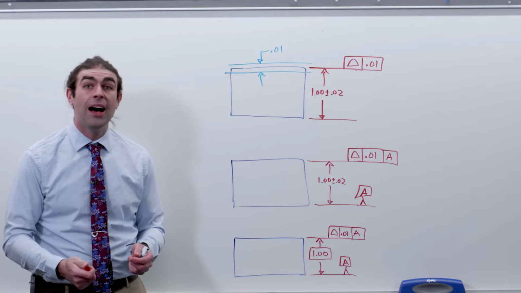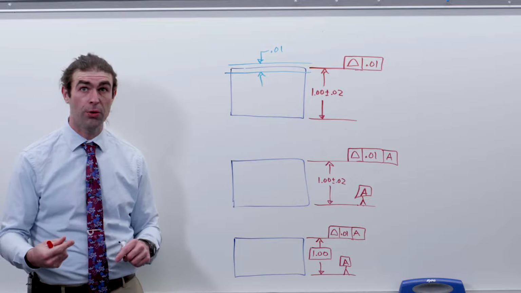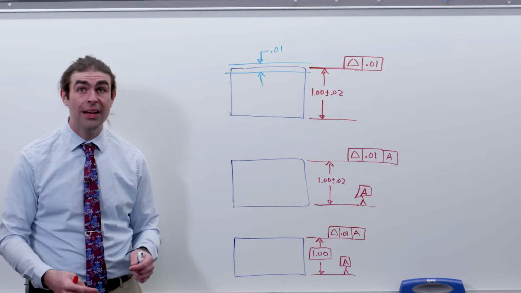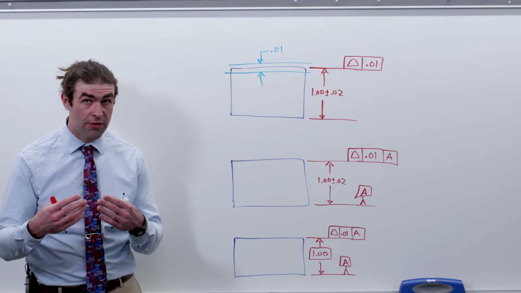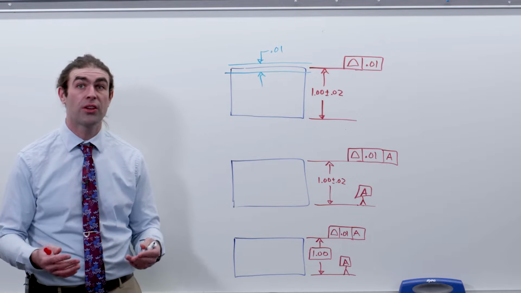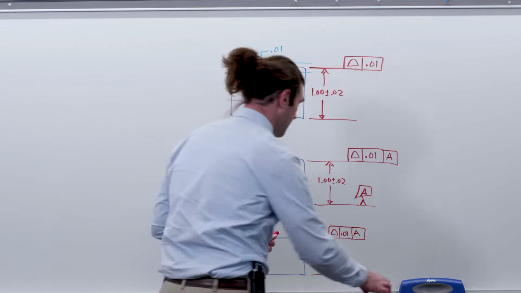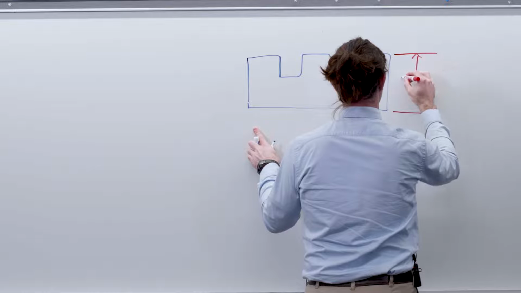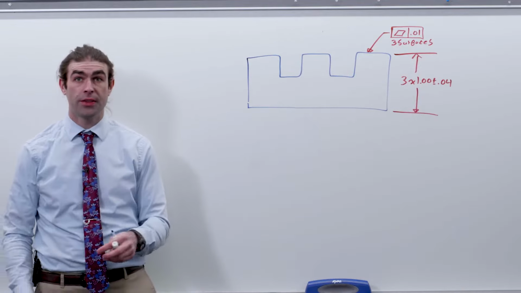Now, profile also does something that none of the other tolerances do. It controls coplanarity. In the ASME standard, it's clearly stated that even a profile with no datum references controls the coplanarity of surfaces. So what does that mean in context? Let's look at this.